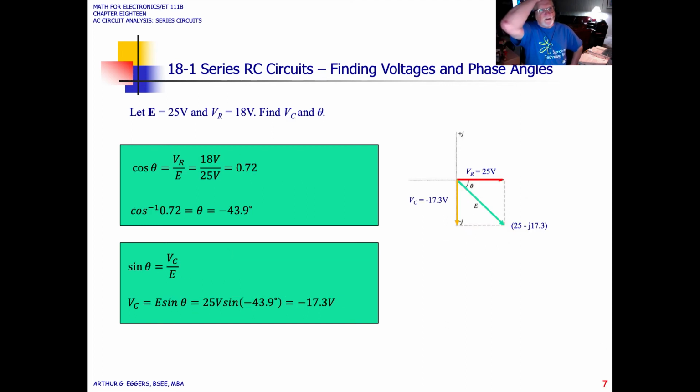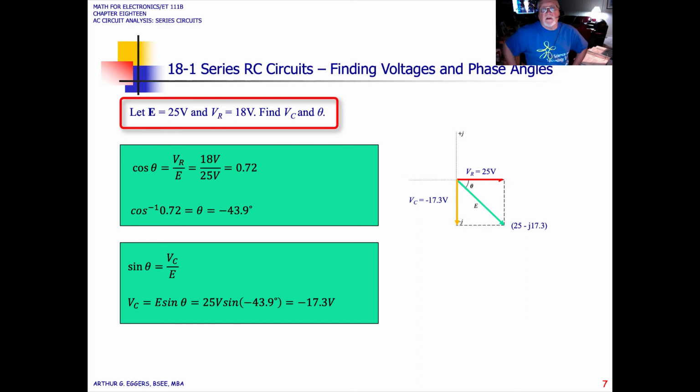Okay, let's look at a different one here. Now we're given the value of E, which is the vector here, the resultant, and we are given the voltage across the resistor of 18 volts. They want us to calculate for the voltage across the capacitor and theta.